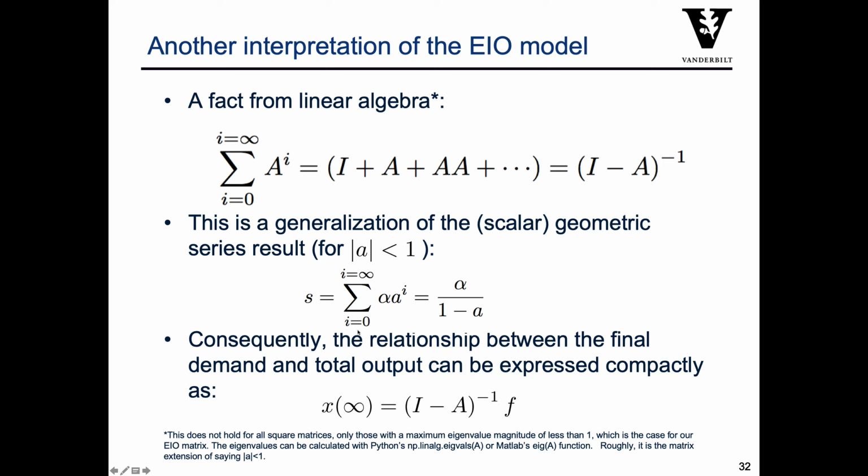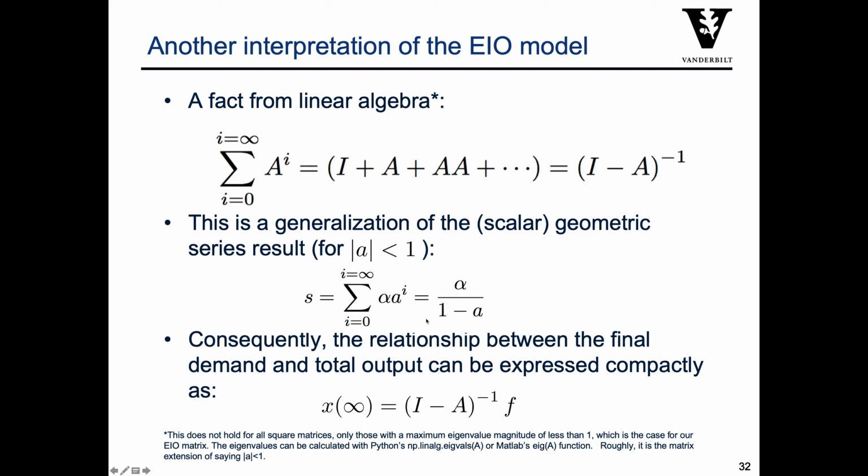There is a geometric series result that you probably covered and then since forgotten in your intro calculus classes: if you sum the series alpha times a raised to the power i, where i goes from 0 to infinity, in the limit this series is equal to alpha over 1 minus a.